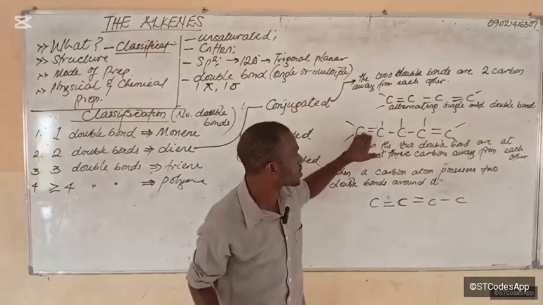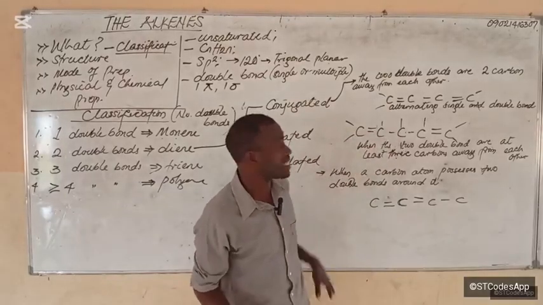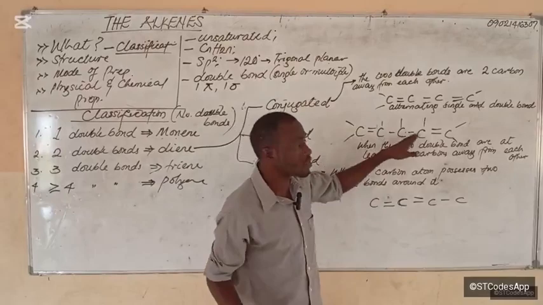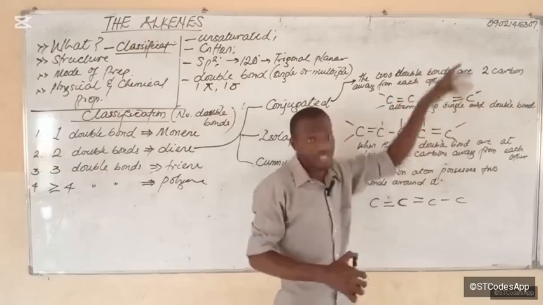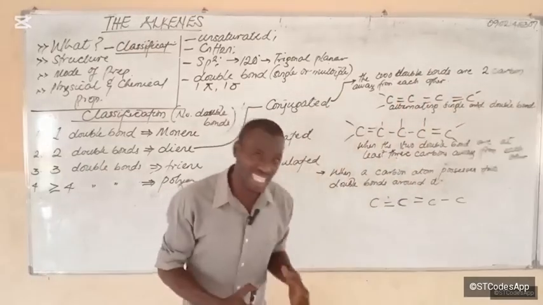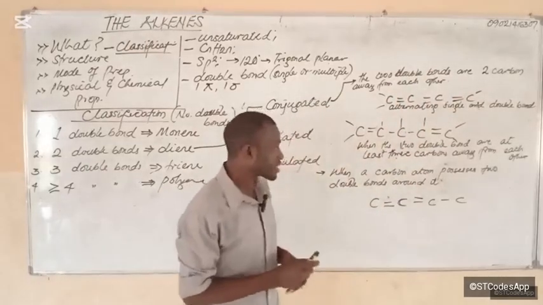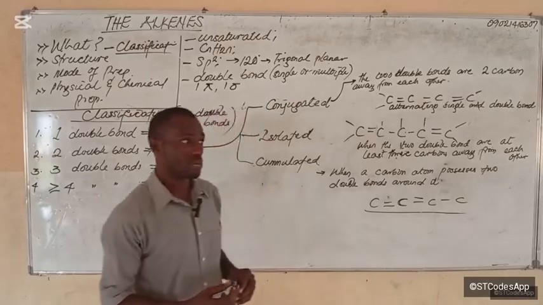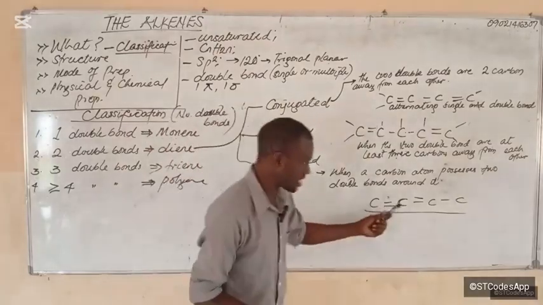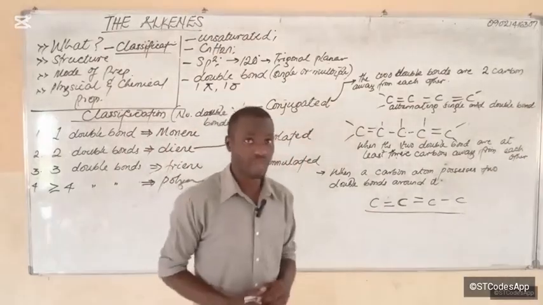But if you have double bonds on the same carbon, that's cumulated. But if you have double bond, several single bonds, then a double bond, then that is what? Isolated. Does that make sense? Now, in nature, you see these guys are very rare. Cumulated alkenes are very rare.